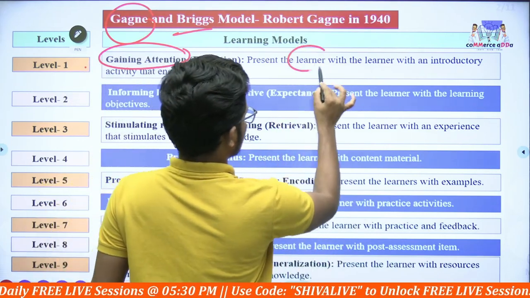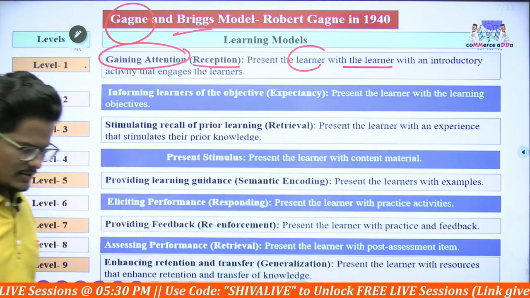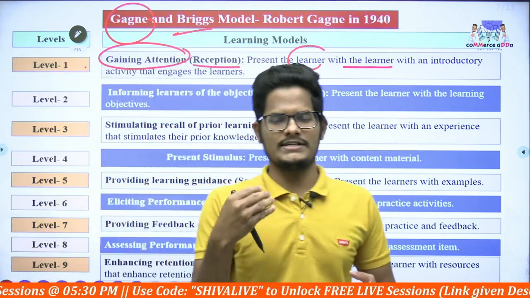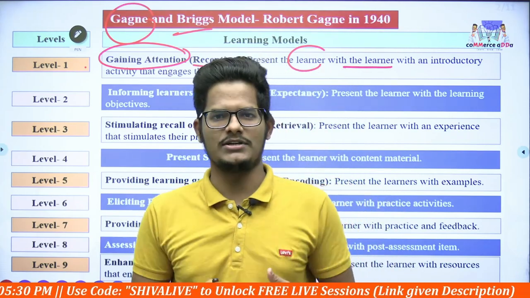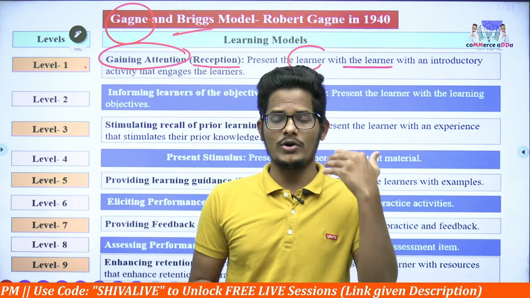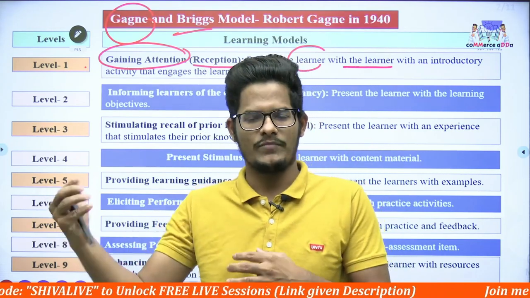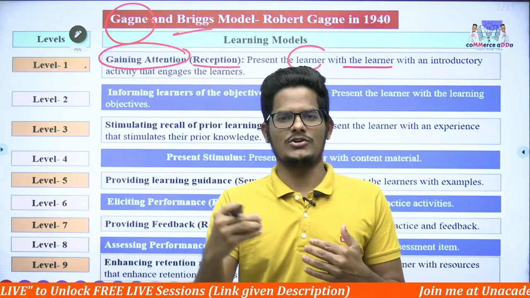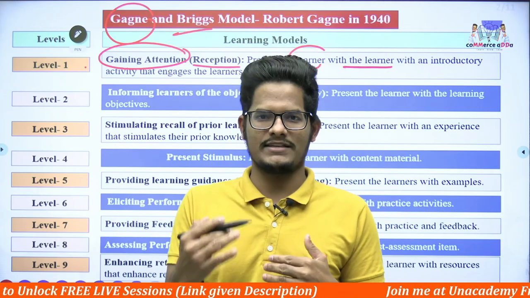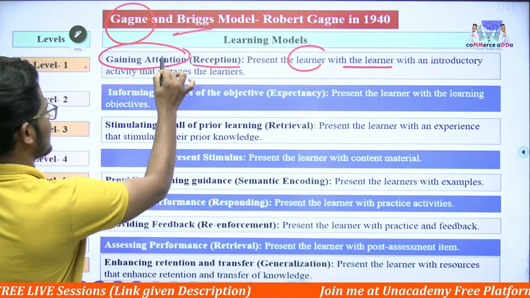Present the learner with an introductory activity that engages the learner. If I want to discuss any topic, first I need to introduce the topic. If the learner is new to that topic, we need to give an introduction to what the topic is all about. Then only we can explain the in-depth part. First we need to give the basics, and basics give the learner reception or gaining attention.